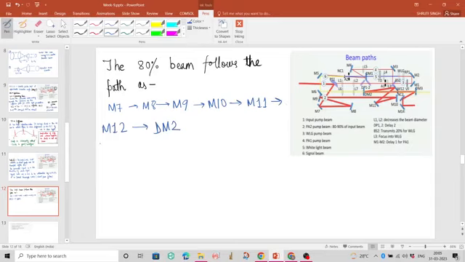And from here it gets collimated and becomes collinear with the signal.